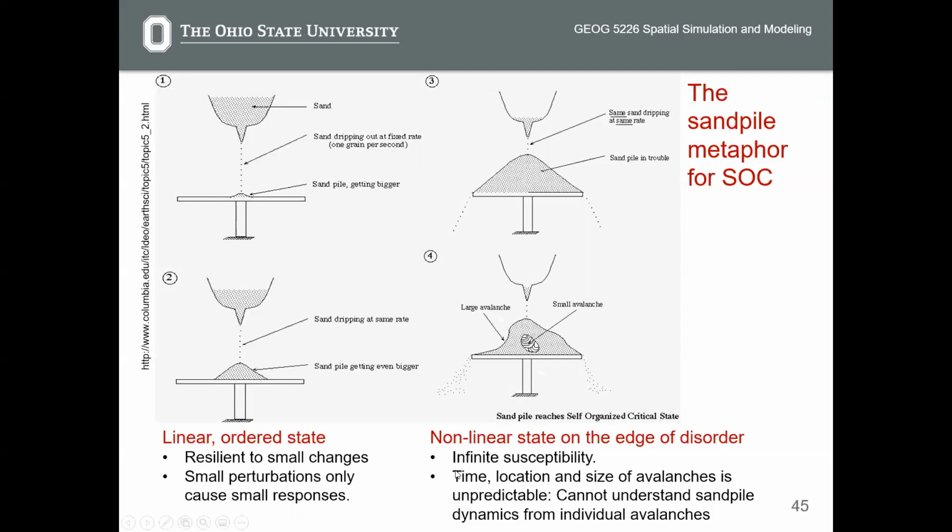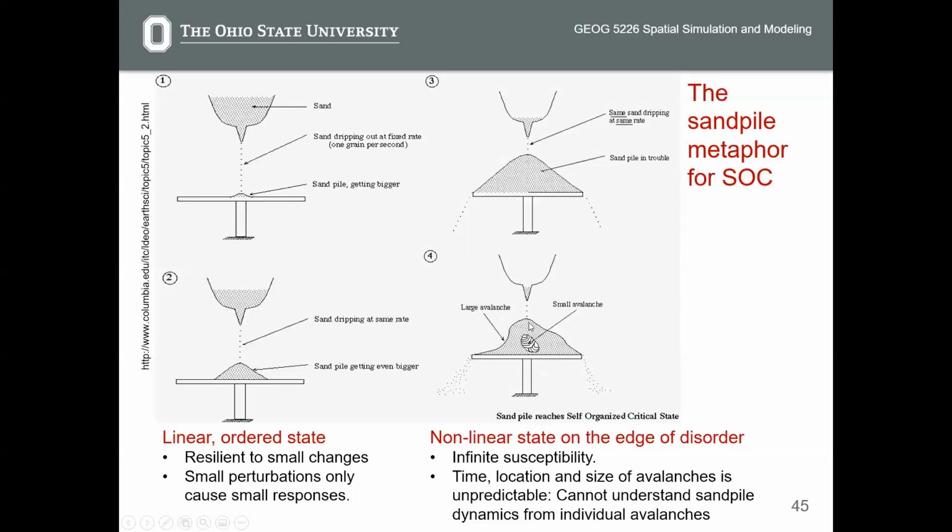Okay, there is infinite susceptibility when your system is at this critical state. The time, location, and size of avalanches are unpredictable. You cannot understand sand pile dynamics from individual avalanches. So here we have some emergent behaviors.